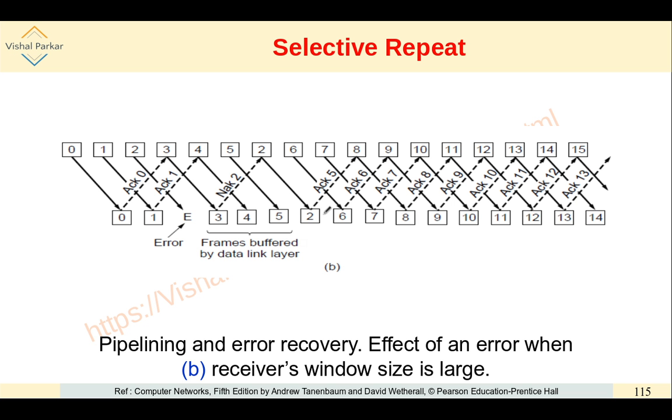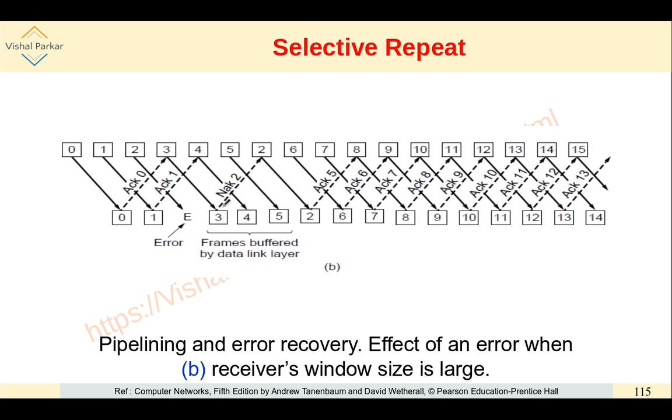When it was received, meanwhile, frame numbers 3, 4, and 5 had actually been received successfully and were buffered there. Then the receiver had all the frames from 0 to 5, and that's why the receiver simply sent back a cumulative acknowledgement only for frame number 5.